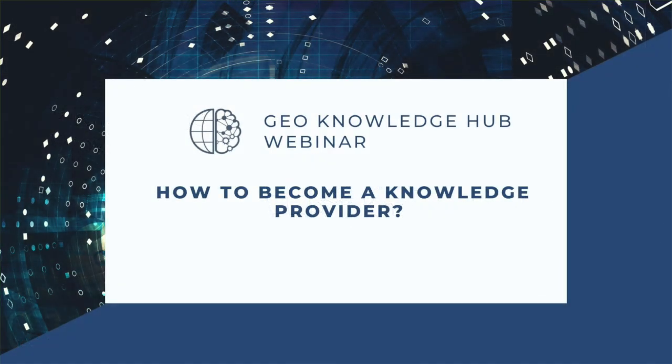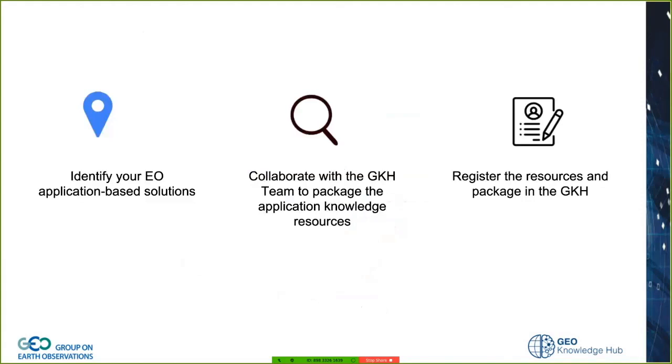So, how do you become a knowledge provider? The GEO Knowledge Hub team is ready to work in close collaboration with GEO Work Program activities to register their Earth observation solutions and knowledge into the GEO Knowledge Hub. The steps required to do so are quite simple. First, we would identify the Earth observation solution that is to be shared.